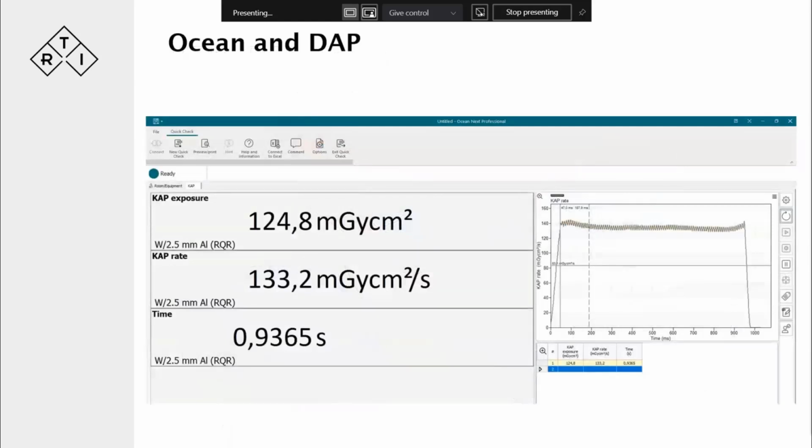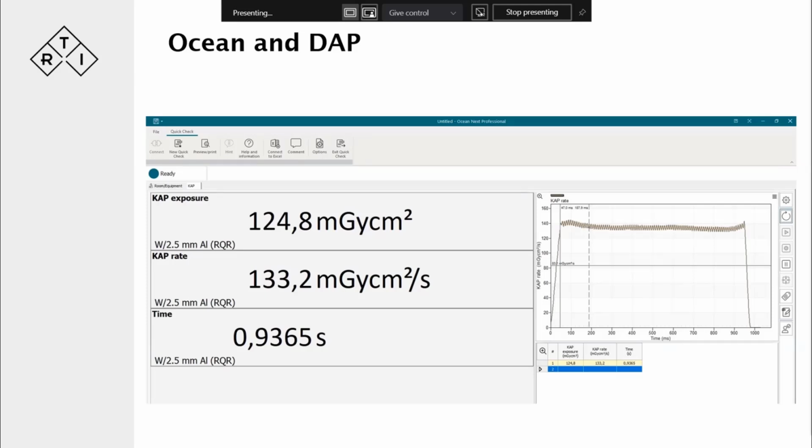All right, and of course, in Ocean, we've added also the possibility to measure the KAP values. When you make your connection and choose external probe, it will identify a KAP calibration if there is one, and give you the choice of measuring with KAP or DAP, and give you the measurement data according to the calibration you have in the chamber adapter.